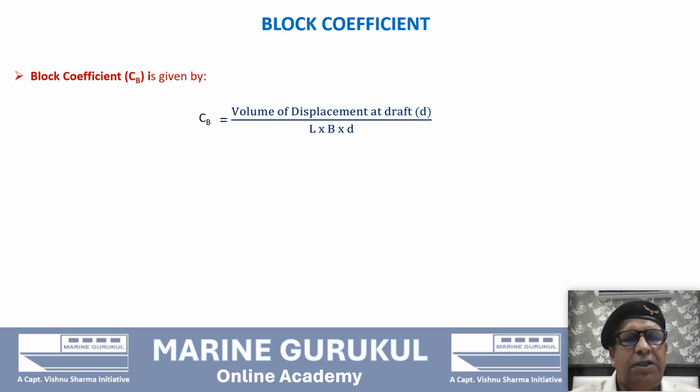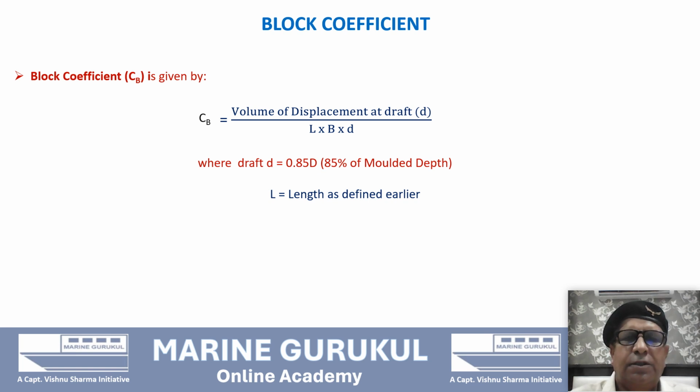What is D here? D is the draft equal to 85% of the molded depth, and molded depth has already been defined. What is length? Length is as defined earlier, and so is capital B, the breadth as defined earlier. So in all the load line calculations, wherever block coefficient is to be used, it shall be used as calculated by this formula.